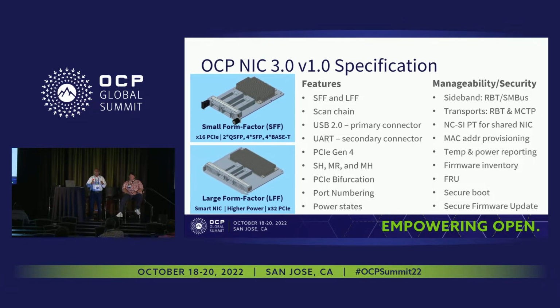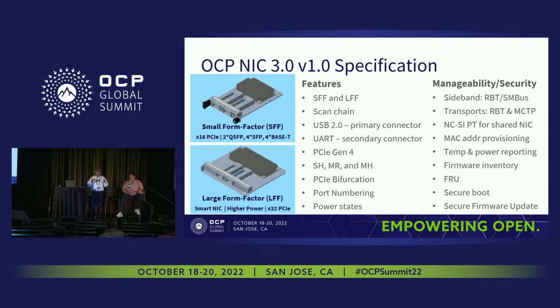And then there are some things that may be obvious, but they were important to us, like numbering the ports and getting to common labeling requirements. Power states were really simplified, but we defined a clear power sequence so that from a system standpoint, the implementers as well as the system vendors can count on that, and during the different transitions, they can really rely on the NIC being compliant to the spec.